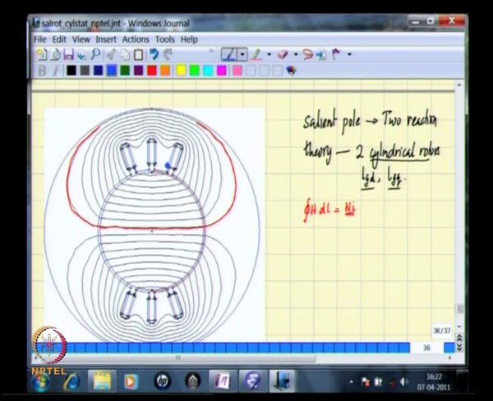So that is H into L, and we have already understood that the H field within the iron regions is almost 0, negligible compared to what occurs in the air gap. So it is essentially H in the air gap multiplied by the length of the air gap, added for these two, in absolute terms, and that should equal the number of turns multiplied by current for these 3 slots.